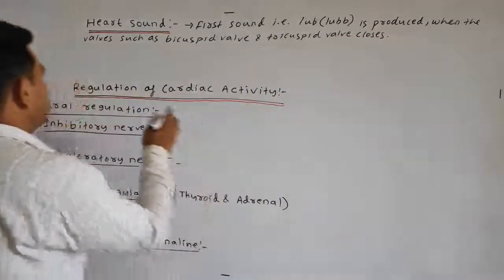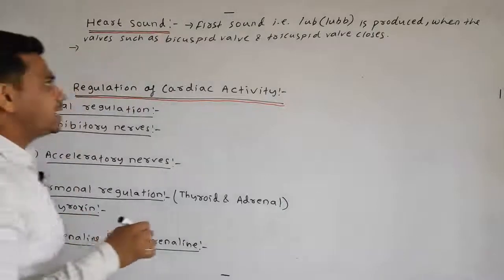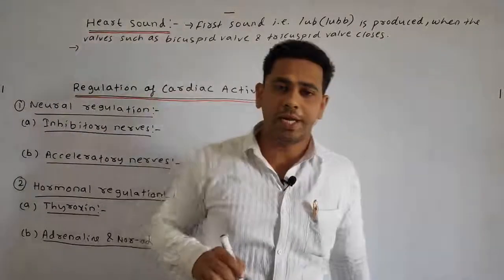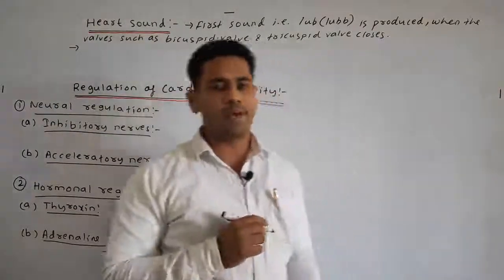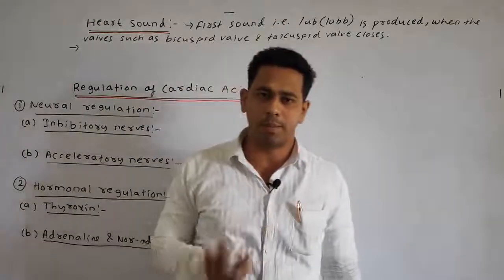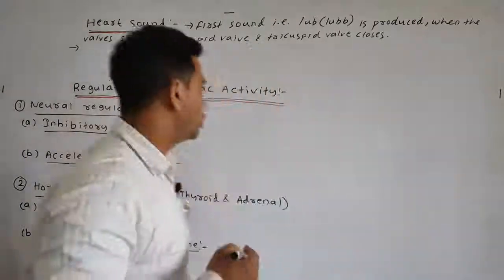Simple. Second point. The second sound, that is called dup, is produced when the semilunar valves of the pulmonary aorta and the systemic aorta close.